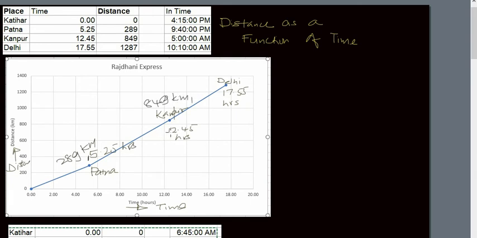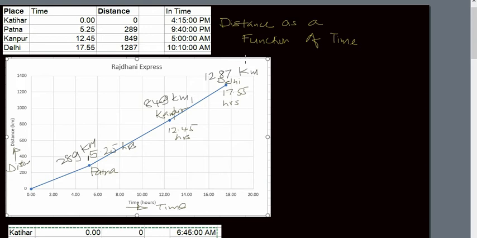So as the time increased, it went from 5.25 hours to 12.45 hours. Distance increased from 289 to 849 kilometers. Similarly, as the time went to 17 hours 55 minutes, distance went to 1287 kilometers. So what you see here, as time increases, so does distance. So this is a very simple concept of function. Distance depends upon time.